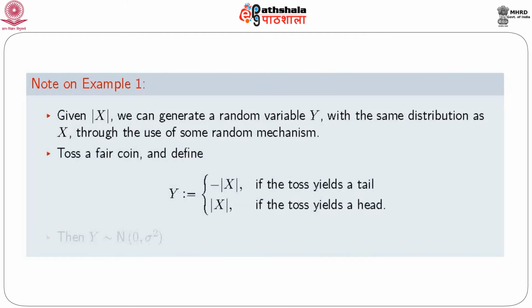We toss a fair coin and we define Y equals to minus of mod X if the toss yields a tail, equals to mod X if the toss yields a head. Here mod X is the actual observed value of X. Then it is very easy to show that Y follows normal 0, sigma square, and hence Y and X have the same distribution.